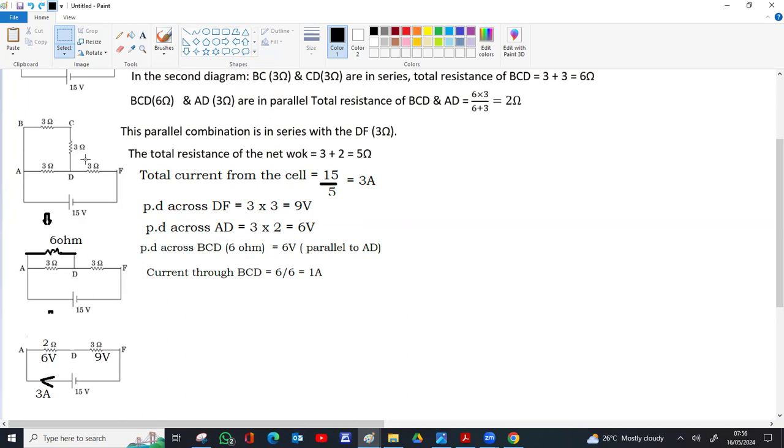Both 3 ohms will have same current, 1 ampere. Now if you know the current through this, you can find potential difference across BC and CD. Just Ohm's law. Current is 1 ampere, 3 ohms, so 1 into 3, 3 volt. CD also same, 1 ampere into 3, 3 volt. So potential difference across BC and CD will be 3 volt each.